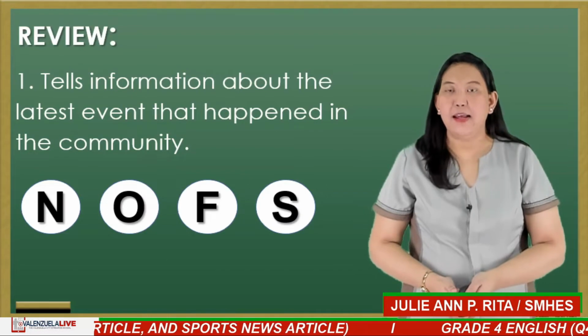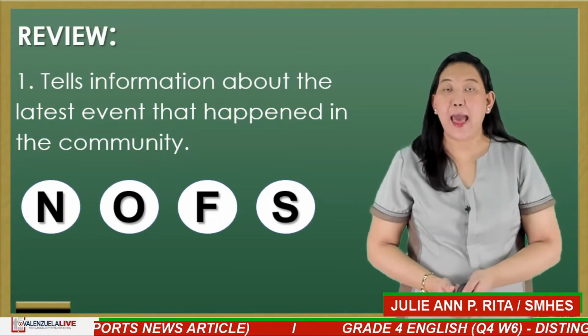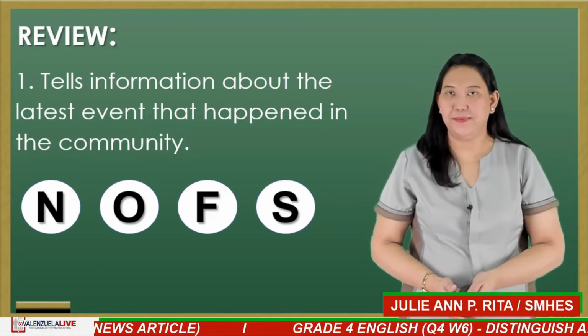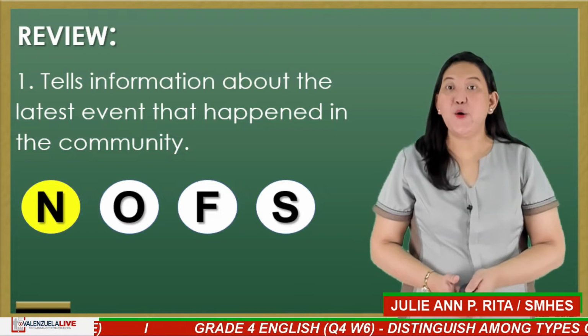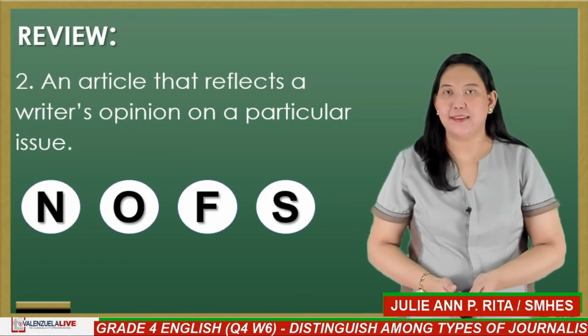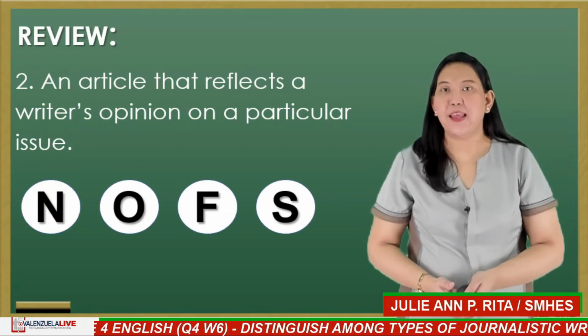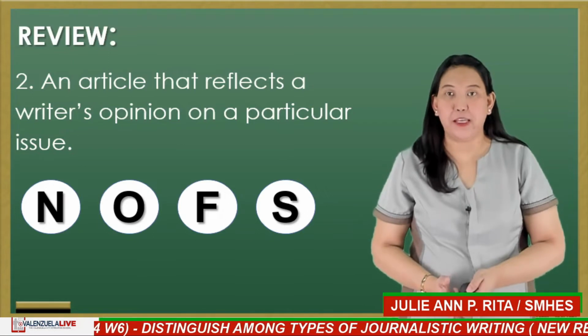Number 1, tells information about the latest event that happened in the community. You are right. N, news report. Number 2, an article that reflects a writer's opinion on a particular issue.